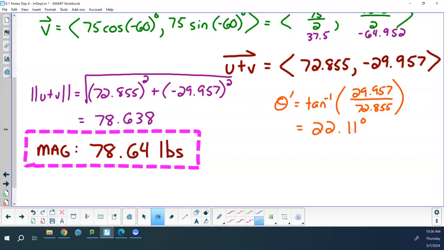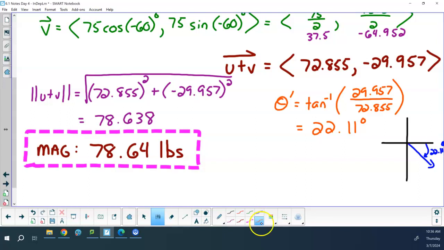Now this vector, u plus v, has a positive horizontal and a negative vertical, which means that that vector is the 22.11 degrees right there.